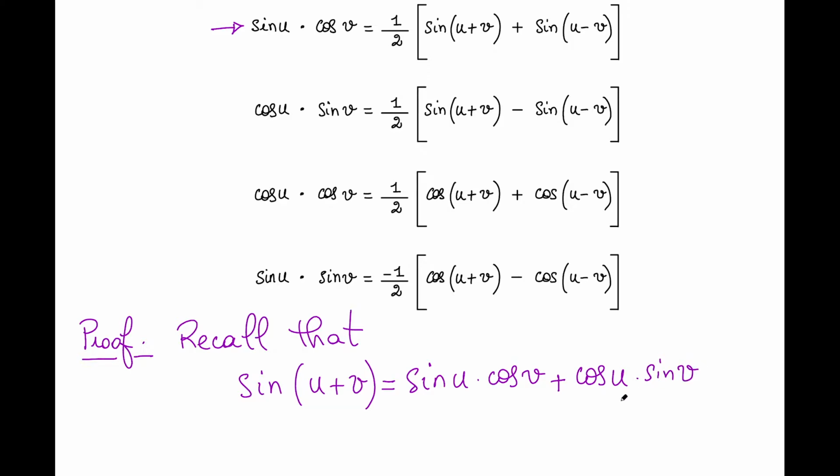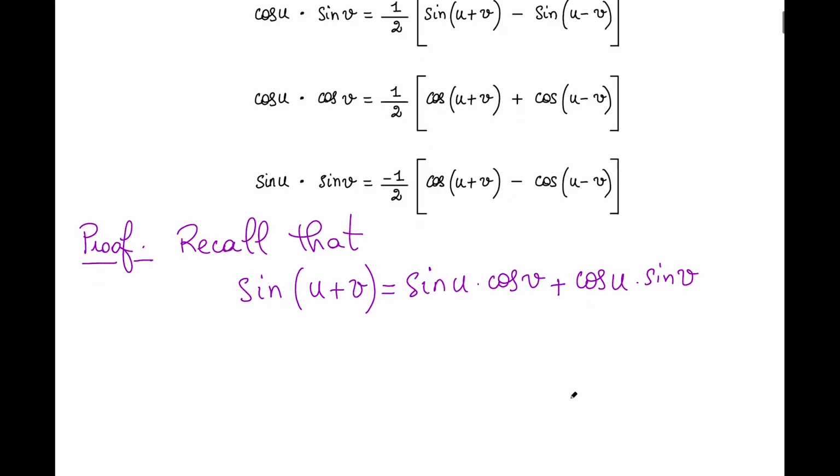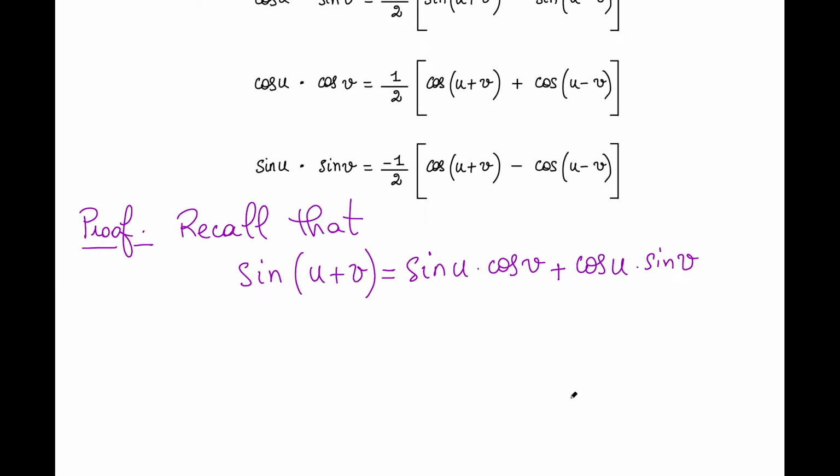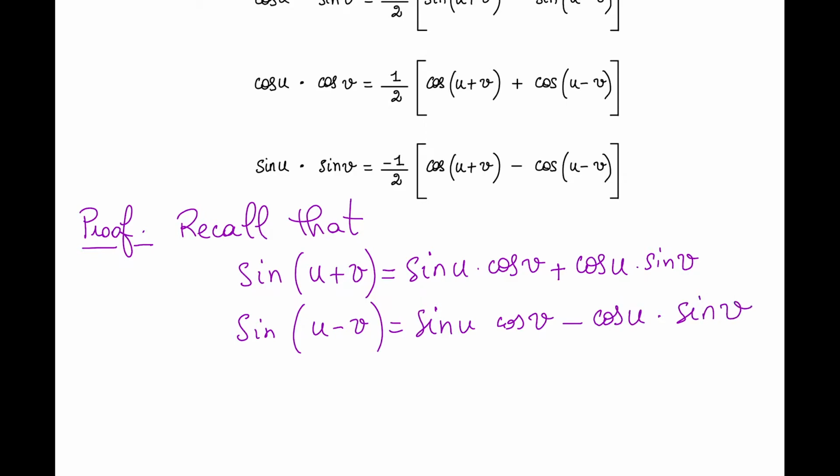Correct? So this is a formula we know. And out of this, if you remember, we also derived this one. Sine of a difference, which is sine of u cosine of v, minus cosine of u times sine of v. Agree with that? So this is something we learned before.